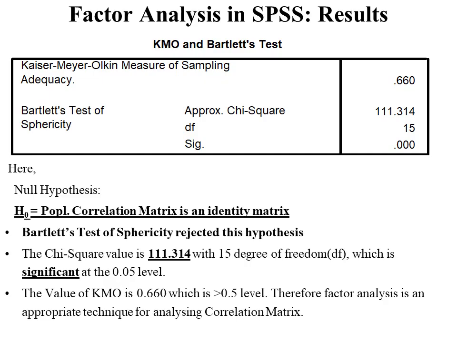In that example, my KMO value came out as 0.660. My Bartlett's test of sphericity, the chi-square test at 15 degrees of freedom with a significance value of 0.000, came out to be significant. That means the null hypothesis that the population correlation matrix is an identity matrix is rejected.